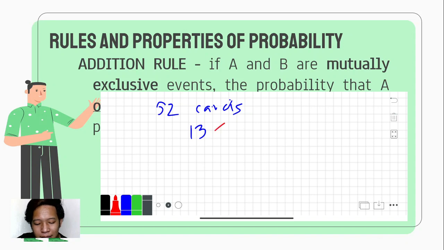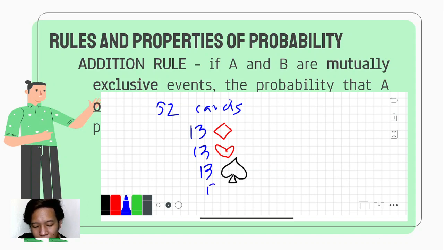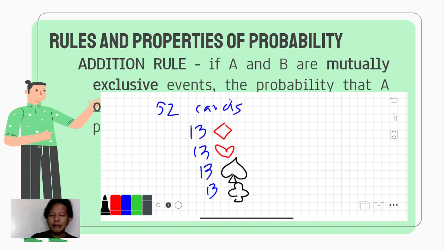Okay, 13 of them are diamonds, 13 of them are hearts, and then 13 of them are spade. Okay, so parang ganyan yung spade. And then 13 of them are clubs. Or ang ano natin dun sa clubs ay commonly known as flower. Okay? So ayan. So 13 diamonds, 13 hearts, 13 spade and 13 clubs.